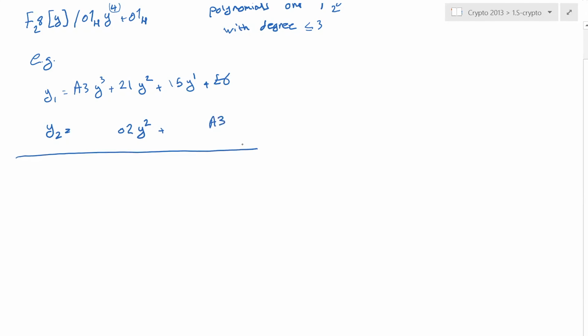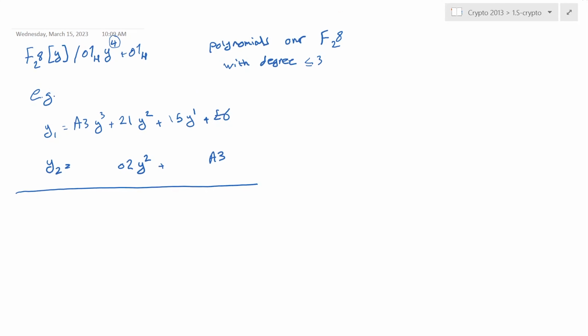And imagine I have these two polynomials under this irreducible polynomial, and I just want to add them together.